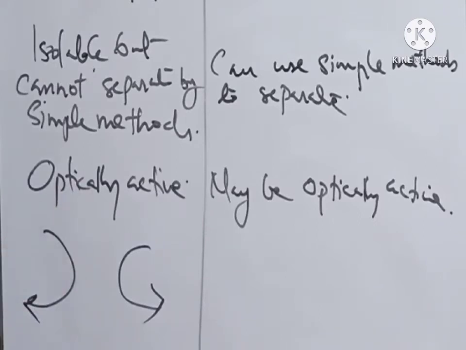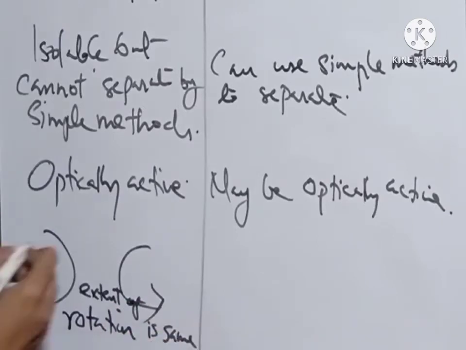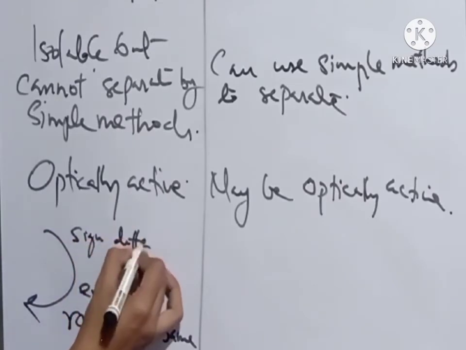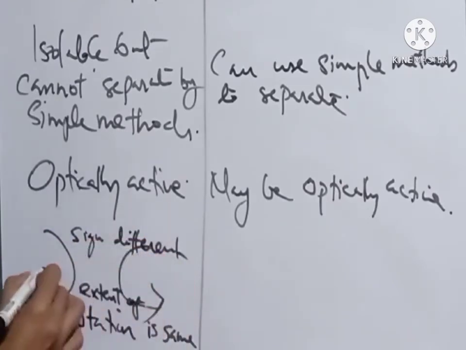So here the extent of rotation is the same, but the sign is different. One is plus and the next one is minus.